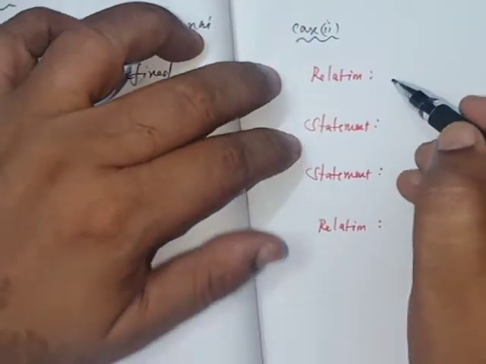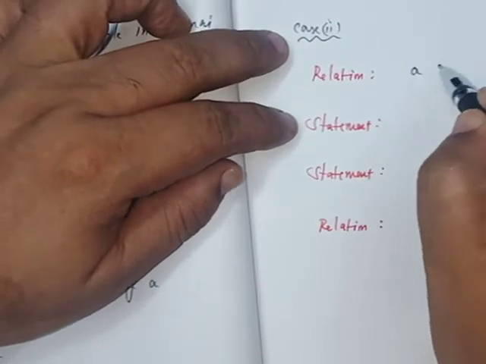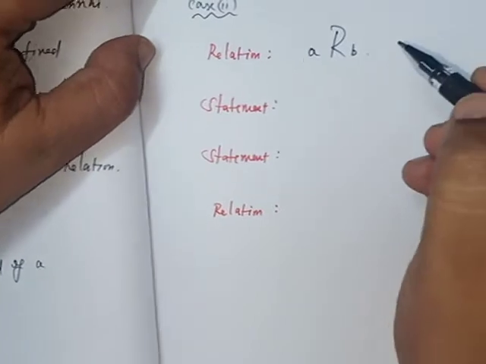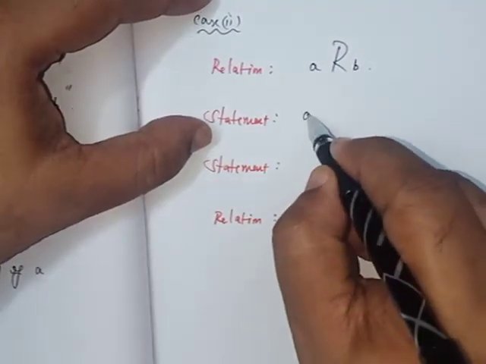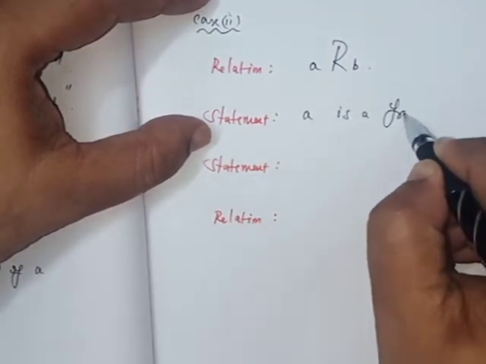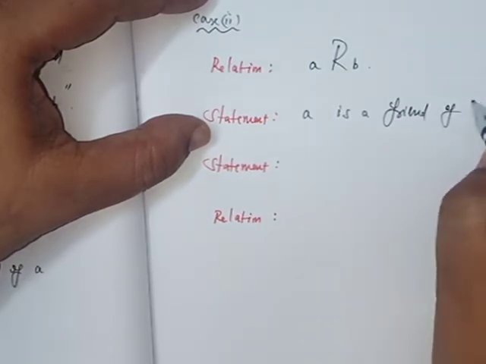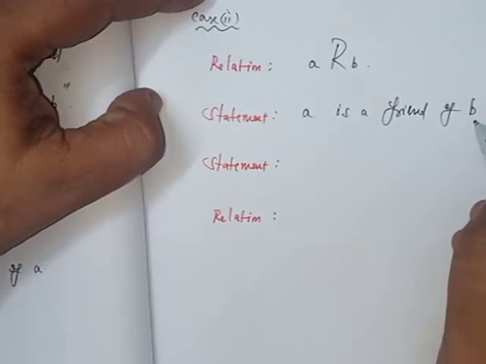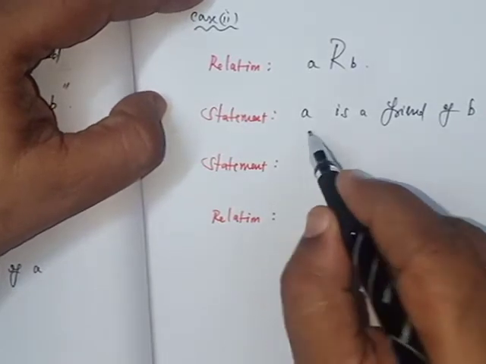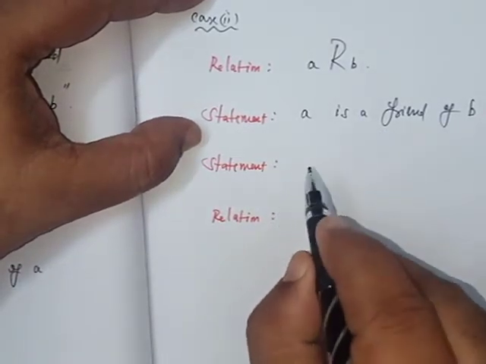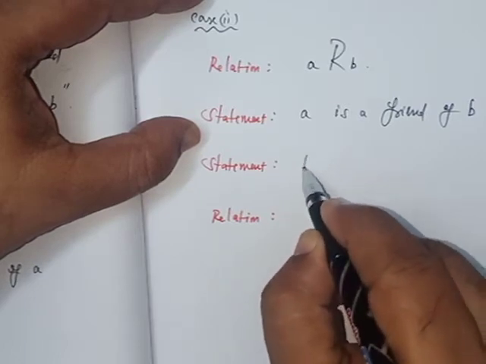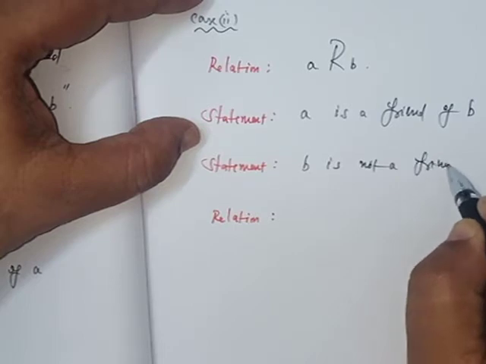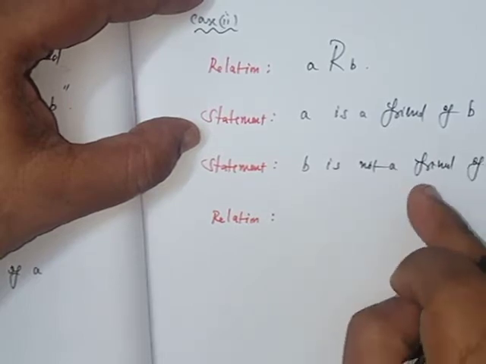Now, case number 2, I consider A is related to B. A is related to B statement: A is a friend of B. Even if A is a friend of B, sometimes B may not be the friend of A. Correct? That is also true sometimes. So, B is not a friend of A. It is also possible.